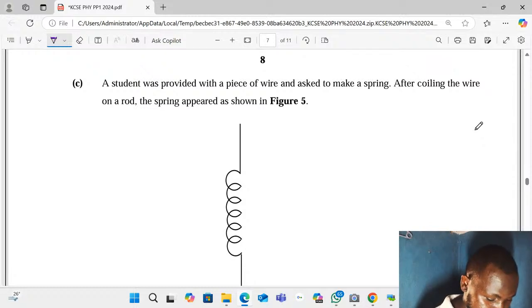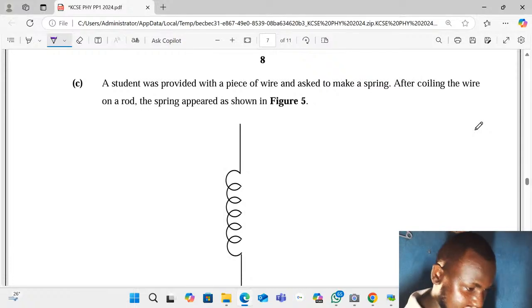As students, provided with a piece of wire and asked to make a spring.